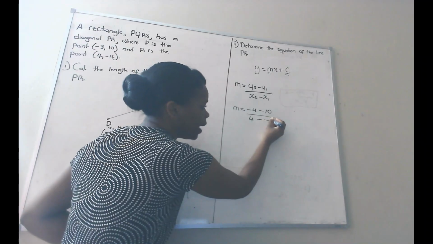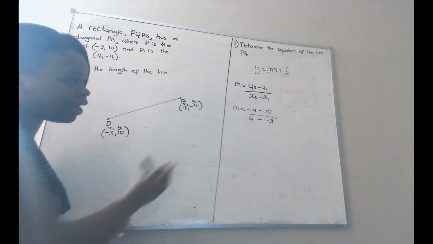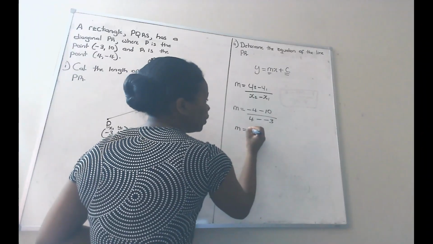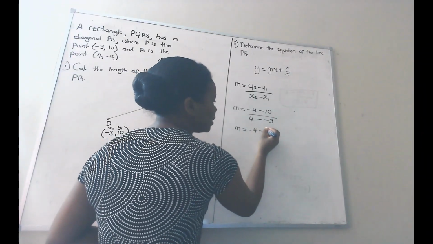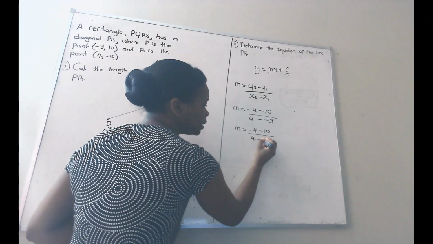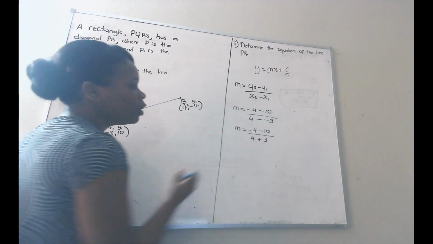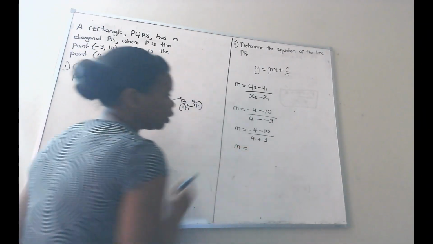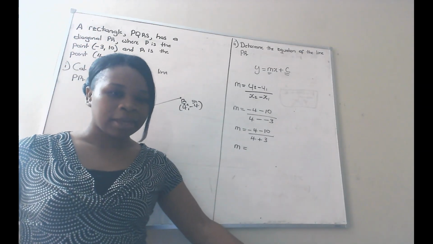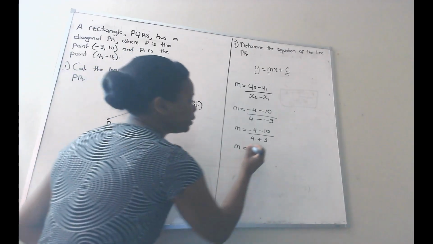So I'm going to put minus 3. So we have two minuses in a row, and you would have learned that when you have two minuses in a row, that's the same as a plus. So this is 4 plus 3. So let's go ahead and work this out. If I owe 4 and I owe 10, in total I owe 14.